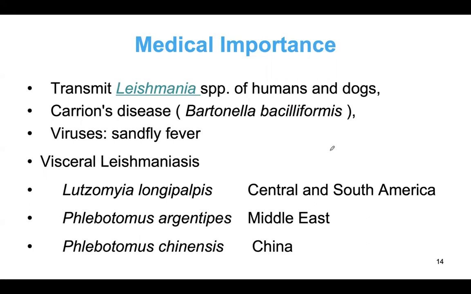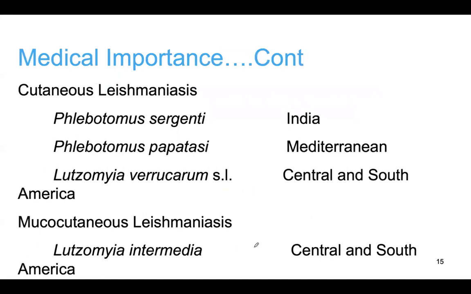Visceral leishmaniasis can be caused by Leishmania longipalpis, Phlebotomus argentipes, and Phlebotomus chinensis. So these are coming from different parts of the world, depending on where they're usually found. And Phlebotomus martini is usually found in East Africa.